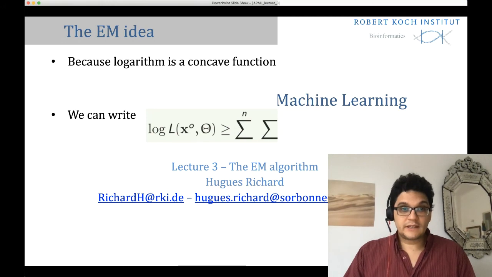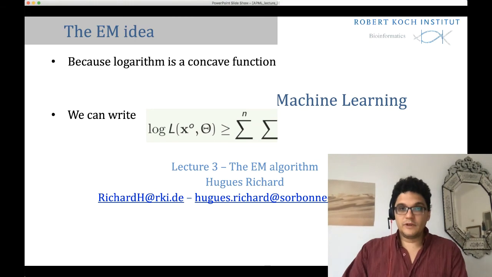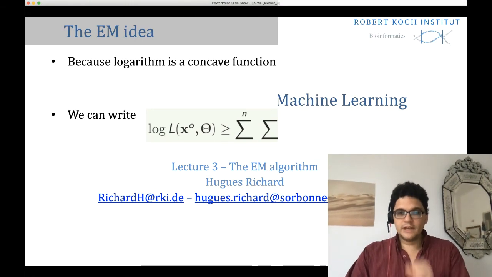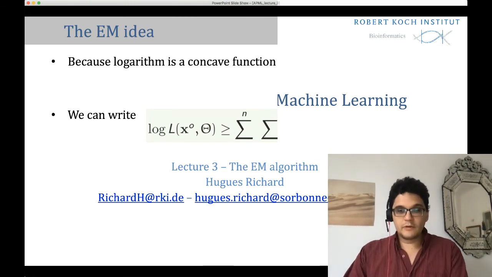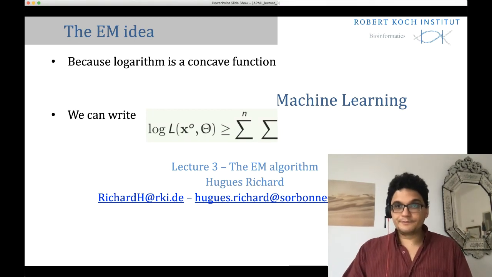So if we take as Qi simply the posterior probability of the hidden value given the observed value, our term will factor, and we will have solved our problem.